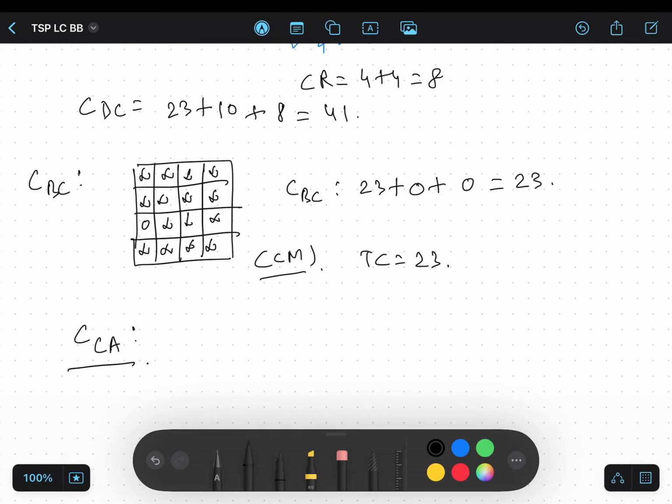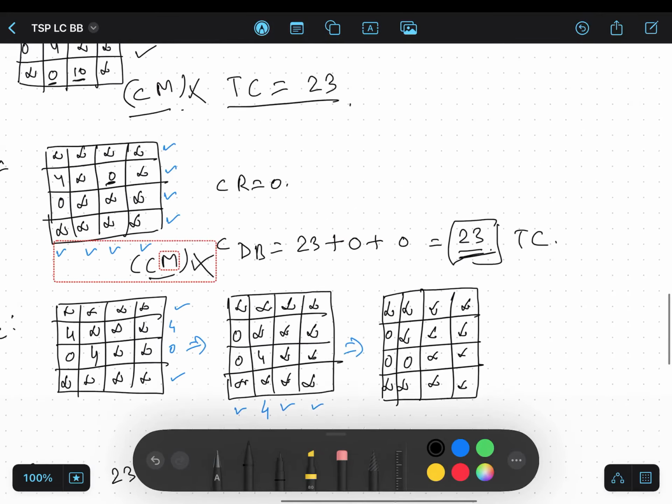We don't have to do anything because this matrix is already reduced. So total cost is 23 plus value at CA is 0 plus current reduction is 0, which is 23. So our final cost going from A, touching every city and coming back to A, is going to be 23.